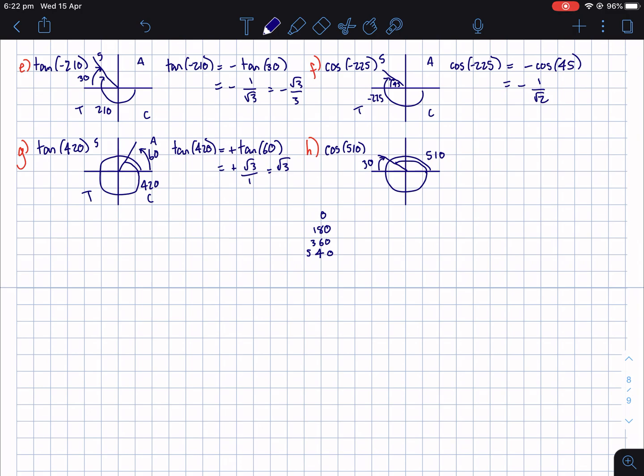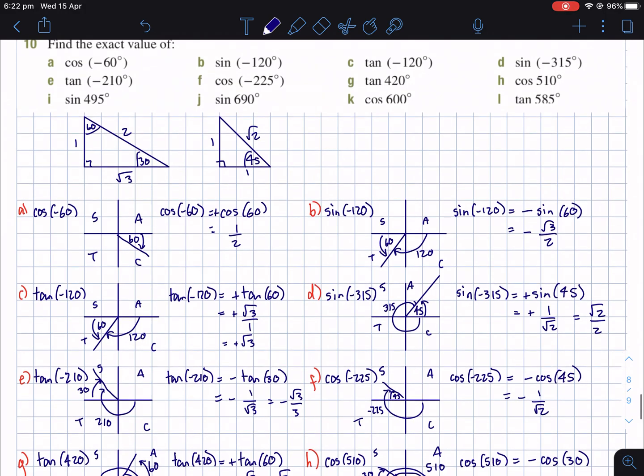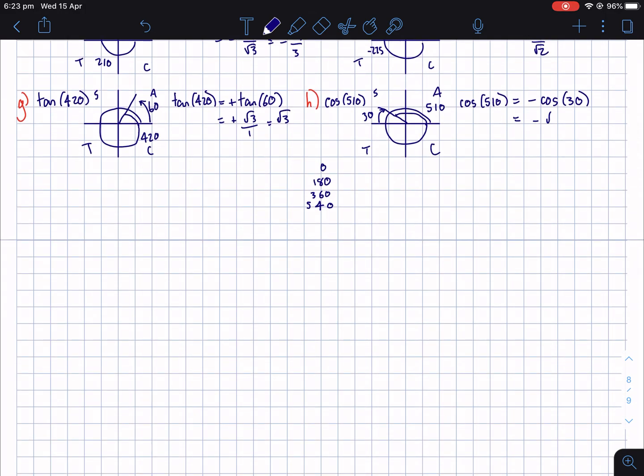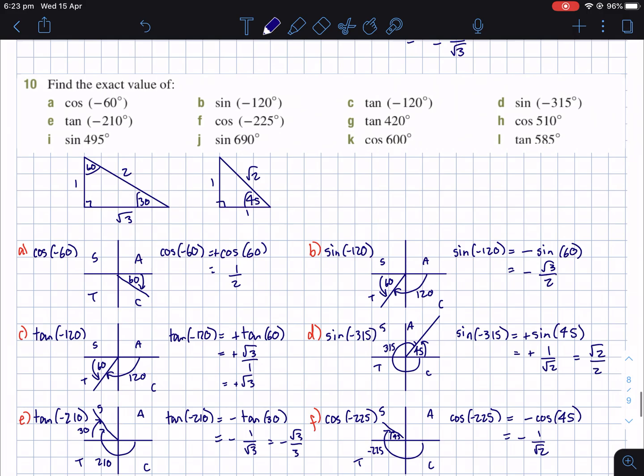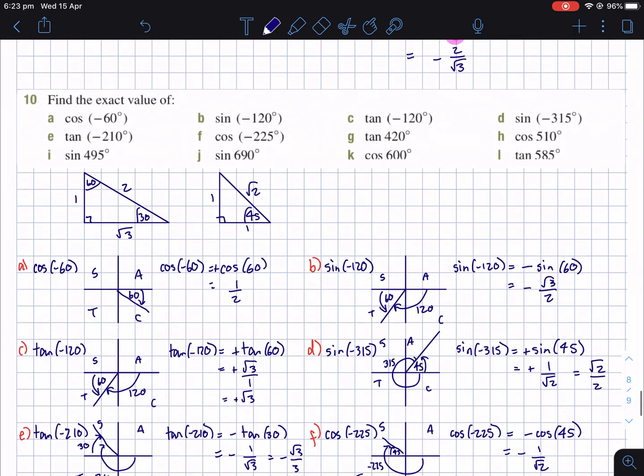Which means and it's SATC, so cos is negative, so cos 510 is negative cos 30. We know cos 30, well, we're supposed to. It's root 3 on 2, so we've got negative root 3 on 2. That's H. Oh, we've still got 4 more to go.